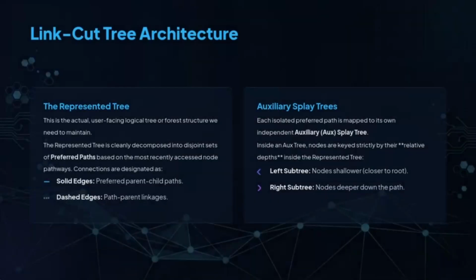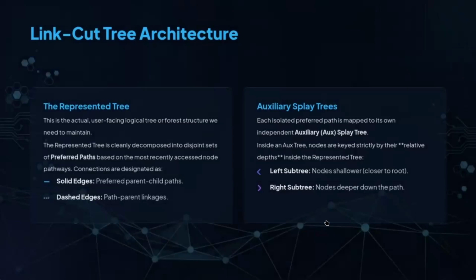This is the actual user-facing logical tree or forest structure we need to maintain. It is cleanly decomposed into disjoint sets of what we call preferred paths, which are based on the most recently accessed node pathways. Connections here are designed as either solid edges, which are preferred parent-child paths, or dashed edges, which act as path-parent linkages to other branches.